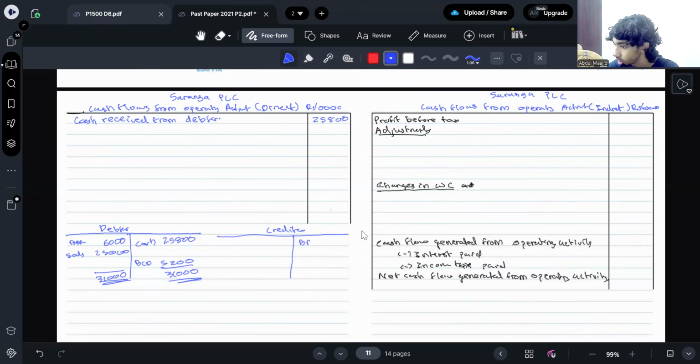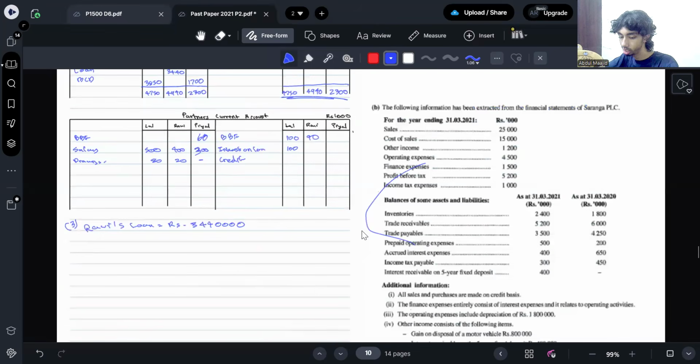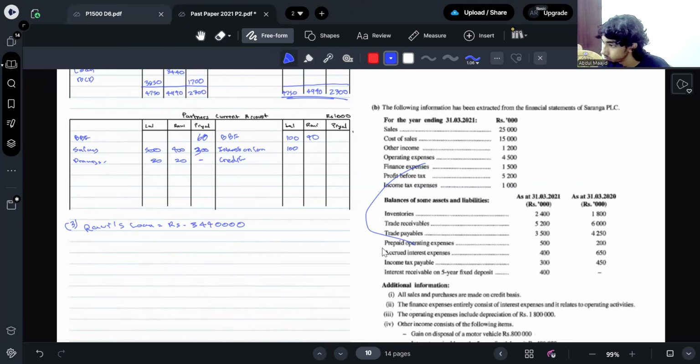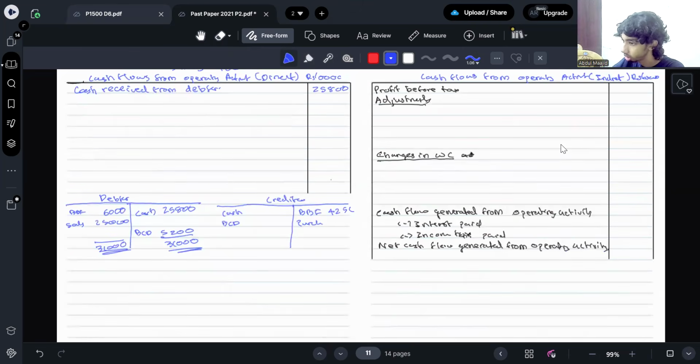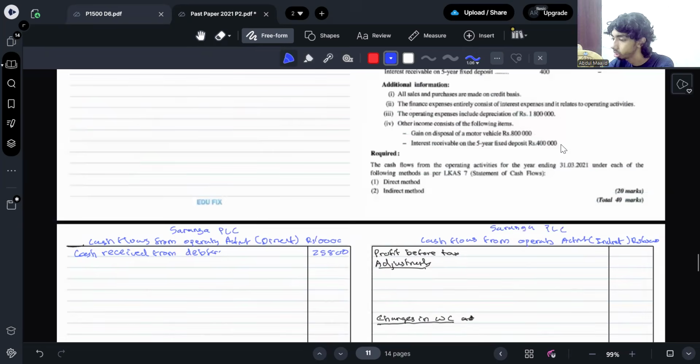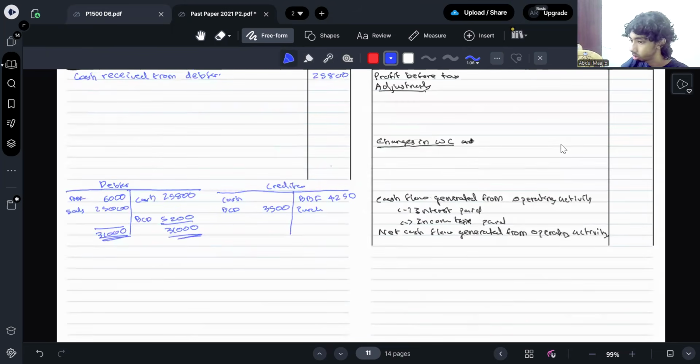Now for creditor, you will have to find the cash paid to creditor. So BBF, purchase, BCD, cash. So we'll put the balances: opening balance of trade payable is 4,250, closing balance 3,500. Now we'll have to find the purchase through the cost of sales.